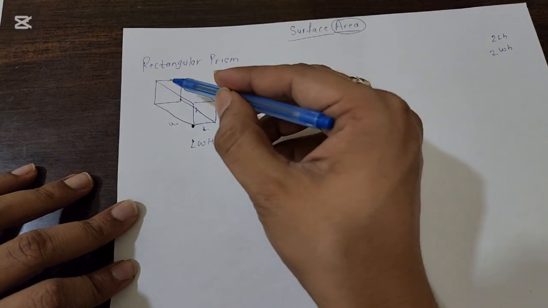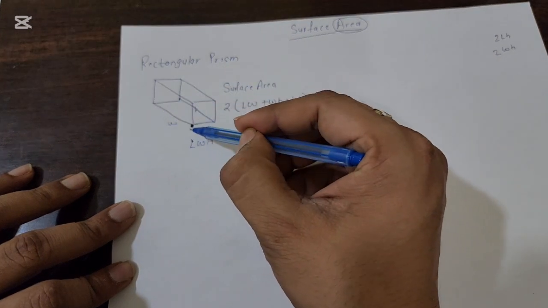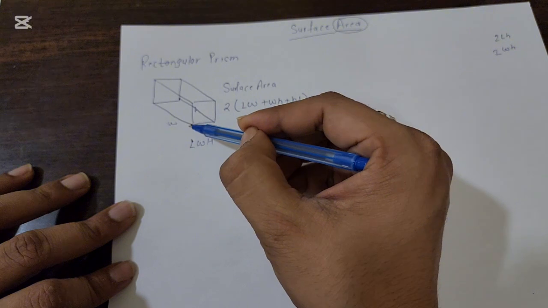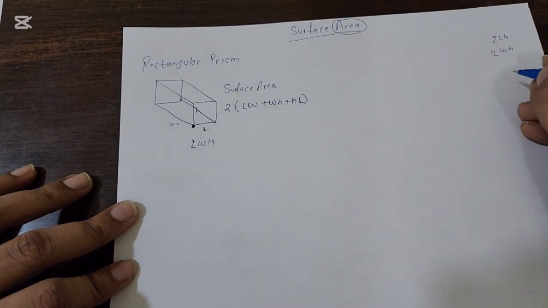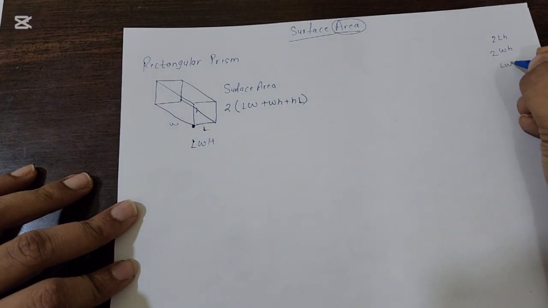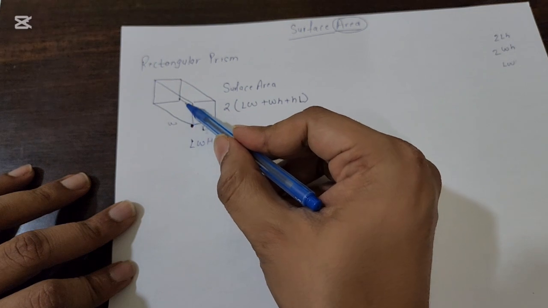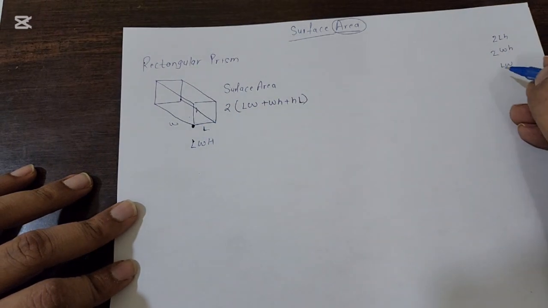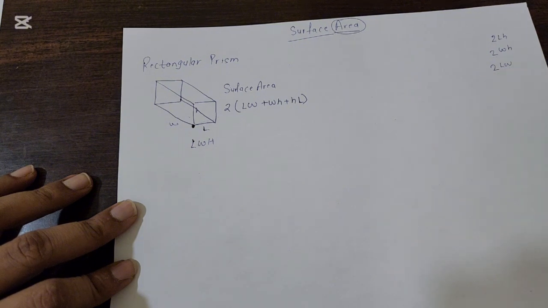Now check the top, check the bottom, the floor. The floor has length and the width only, so its area will be length times width, right? Now the floor and the ceiling, the top and the bottom, they are the same, right? So the other one will also be length width, so there are 2 length width.